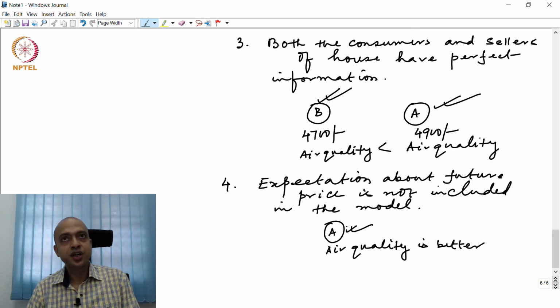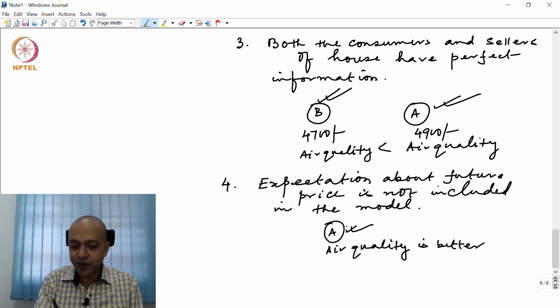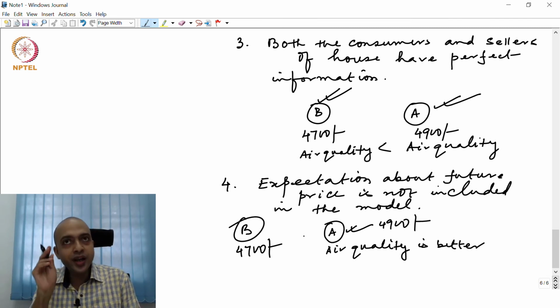So the premium I am paying, let's say here it is 4,900 and here it is 4,700, this extra 200 I am paying for a house in locality A cannot be fully explained by its air quality, because within the 200 rupees my expectation about future price rise is also there.